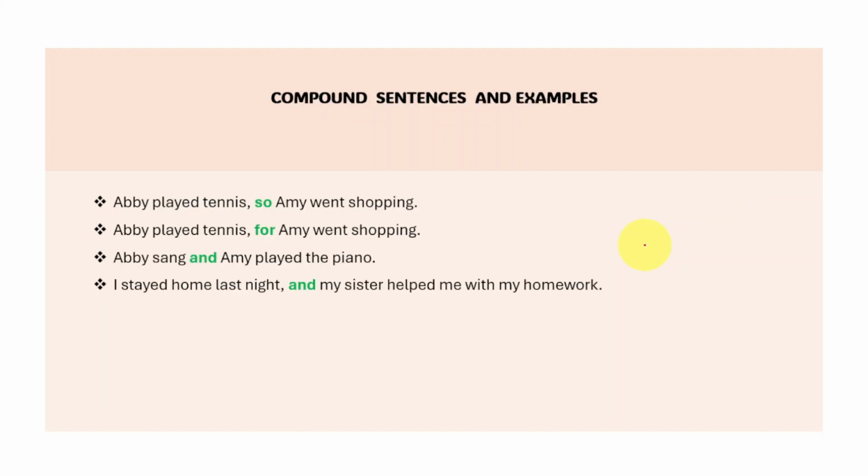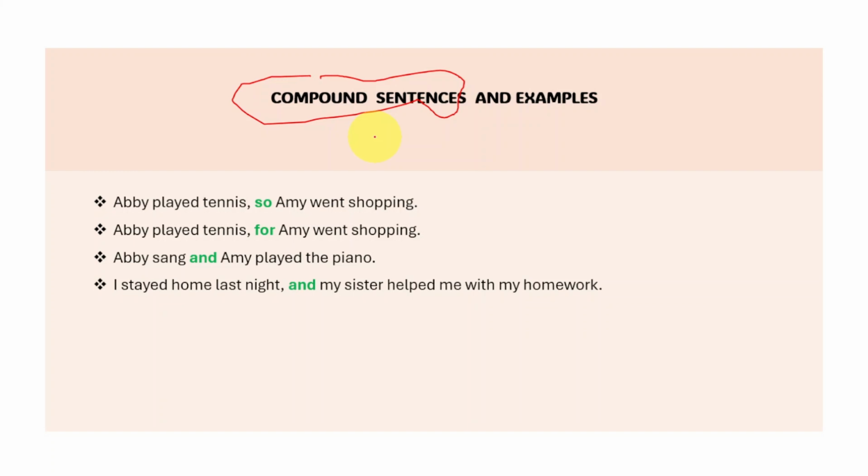Now, if I go back to this one, we were dealing with the compound sentence. We finished the simple sentence, right? In a simple sentence, we didn't have a conjunction. The way I can say that is we didn't have two complete sentences.